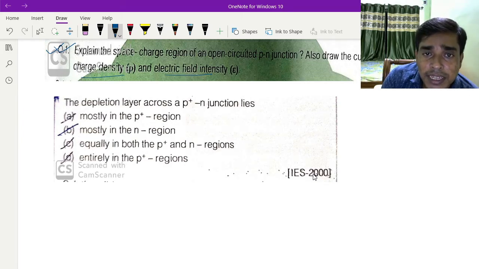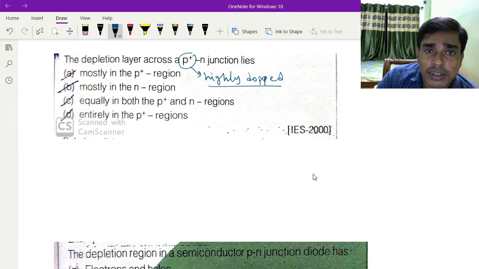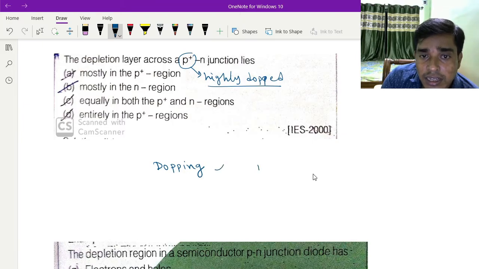What is the P plus N junction? P plus N junction is where the p-type is highly doped. So you have to know the relation between high doping and the junction. So doping and depletion layer are inversely proportional.